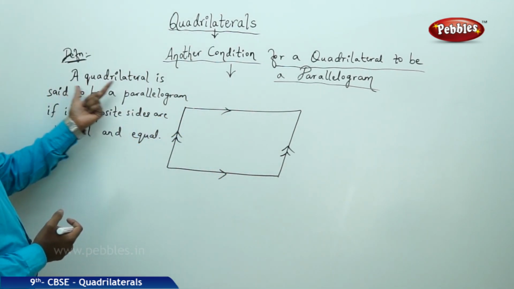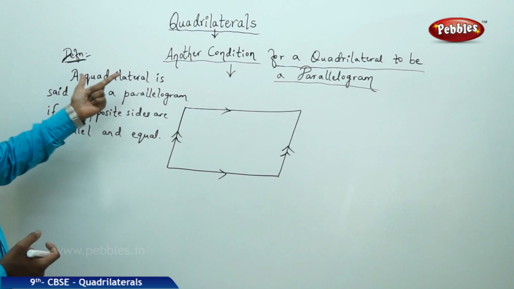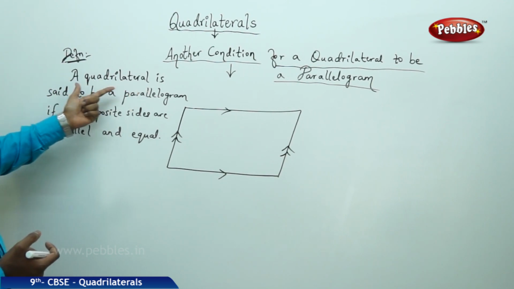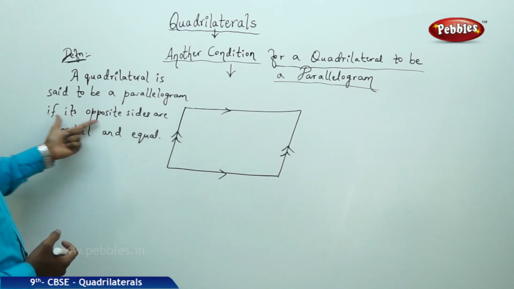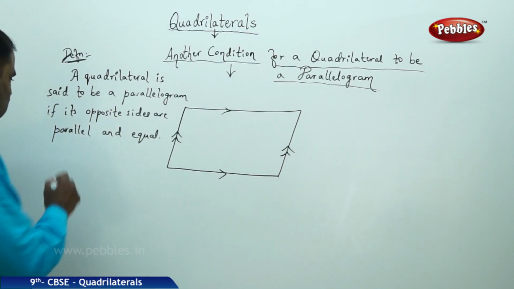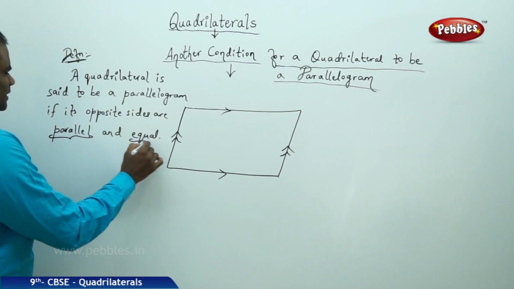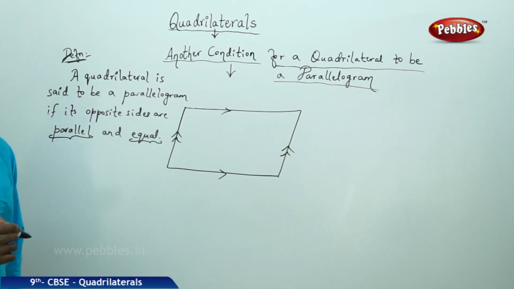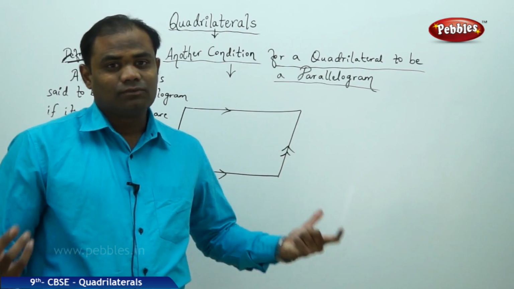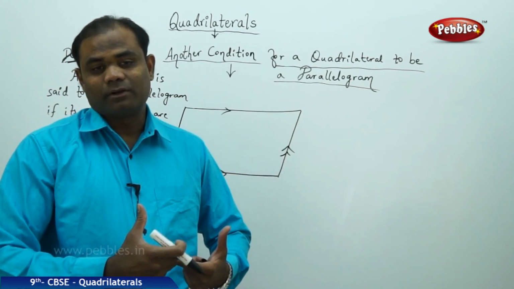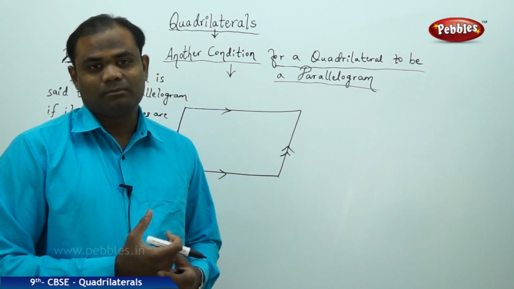So a closed four-sided figure, that is a quadrilateral, is said to be a parallelogram if its opposite sides are both parallel and equal, is how we can combine the parallelity and equality for defining a parallelogram.